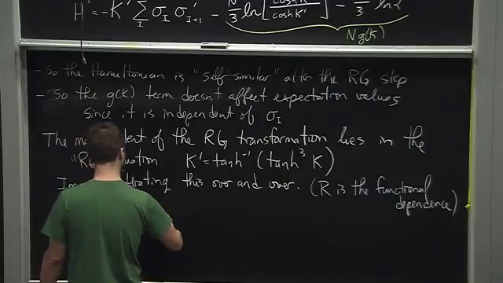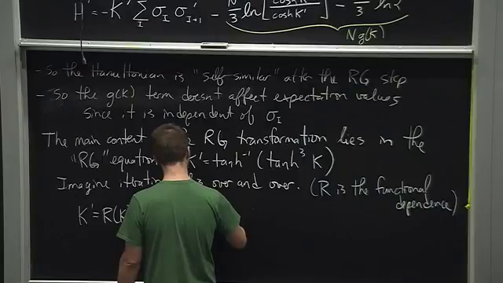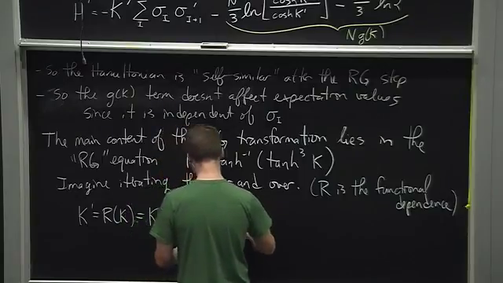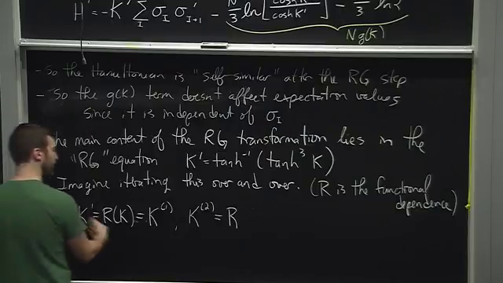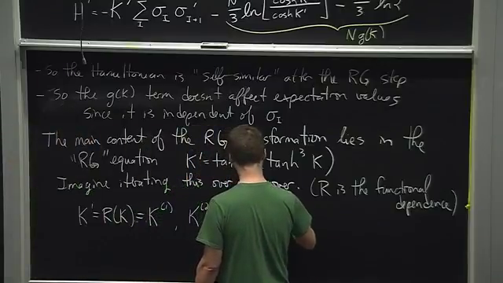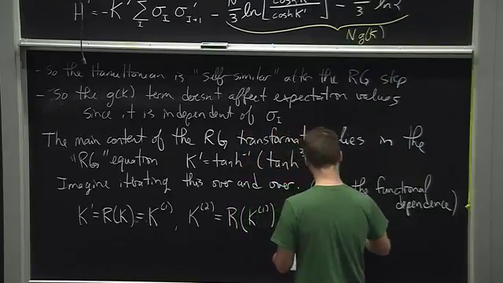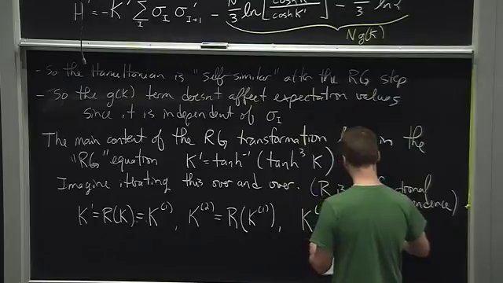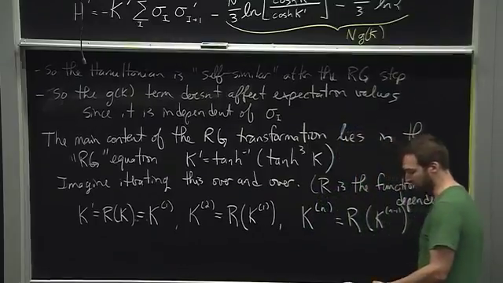You could call it K1. Then K2 is the same transformation R, but you apply it to K prime, so K1, say. And you keep going. The idea is that you're doing that a large number of times, over and over again.